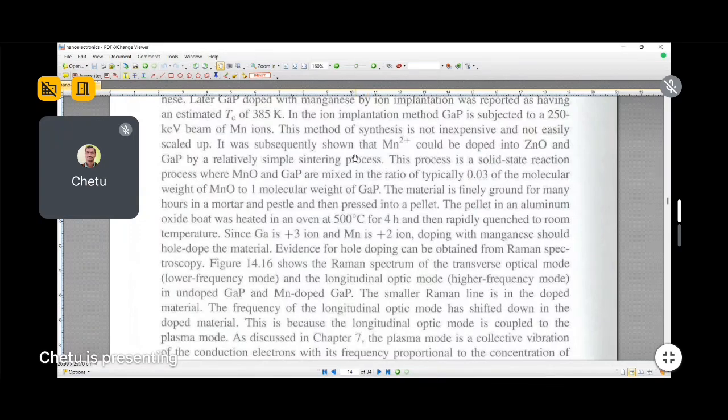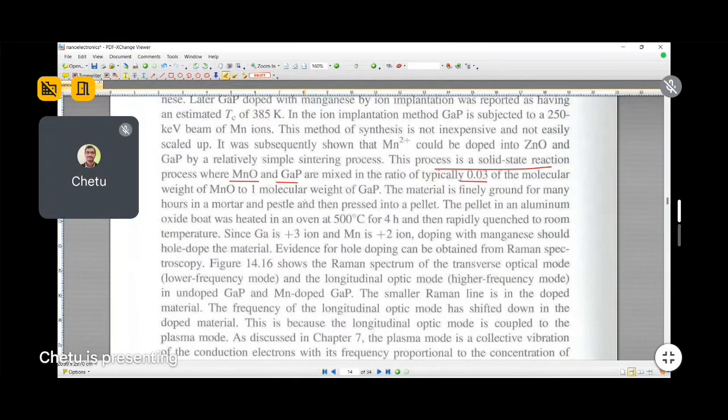But there is one more, simpler method, that is called the sintering method, or solid state reaction method, where MnO and gallium phosphide are mixed in the ratio of 0.03 of the molecular weight of MnO to the molecular weight of gallium phosphide.